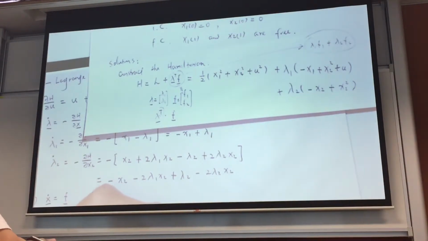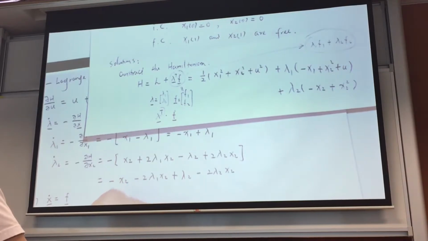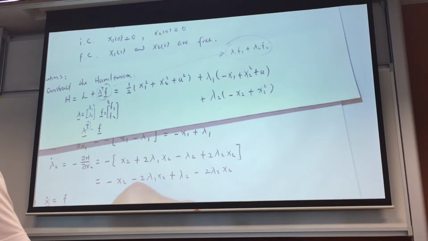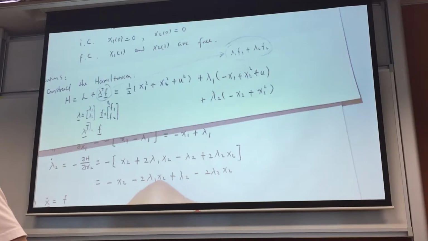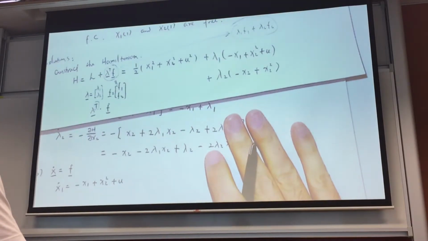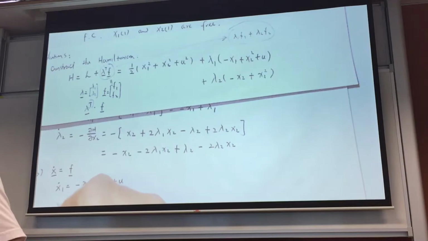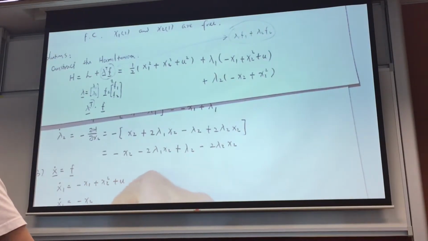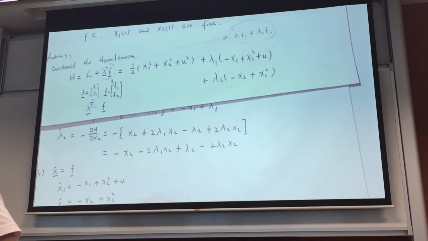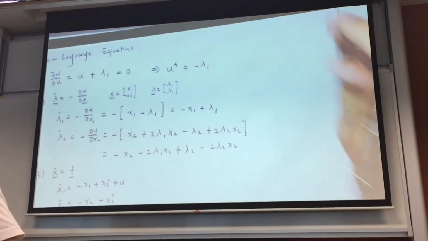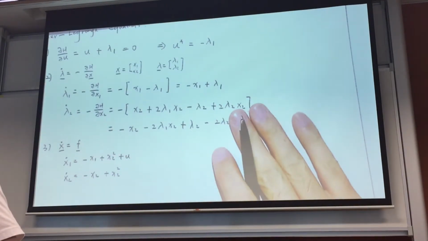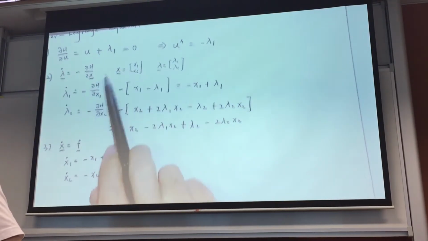So x1 dot is given by our constraint, minus x1 plus x2 squared plus u, and x2 dot is given by minus x2 plus x2 squared. So these are the Euler-Lagrange equations.